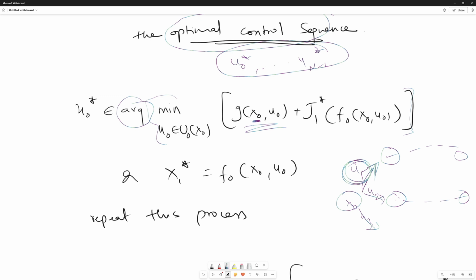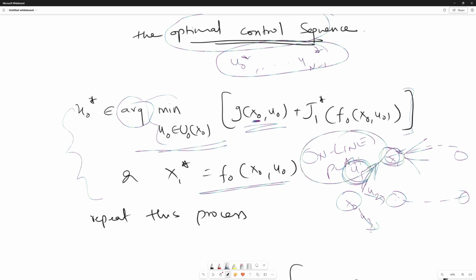Using this control, you can go to the next state, which is x1 star here. This is the control equation. Go to the next state and keep repeating this process. From here, you can again take all the controls possible and minimize an equation like this. This is called online play, because you have these optimal cost to goes, and you're just playing online to get the optimal control sequence.